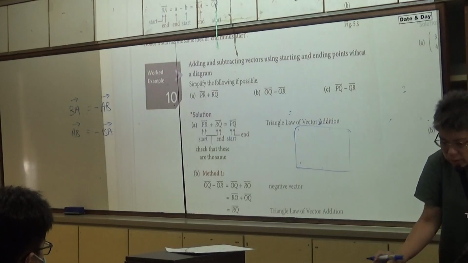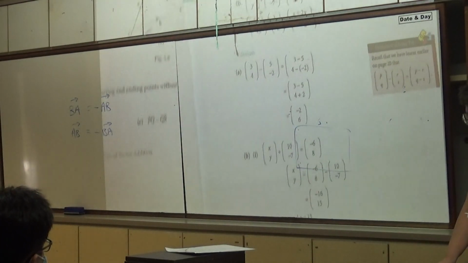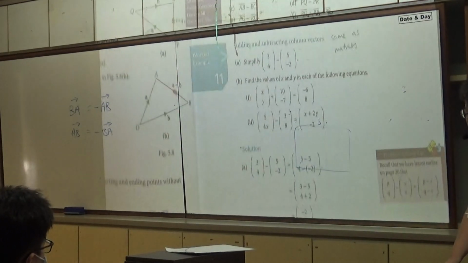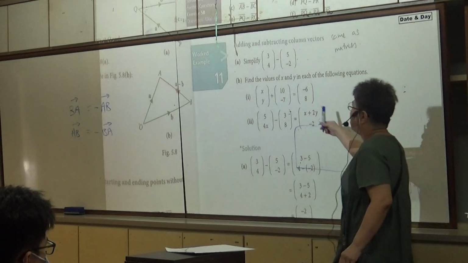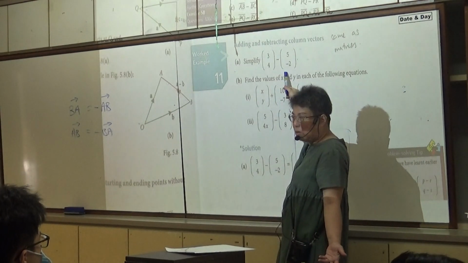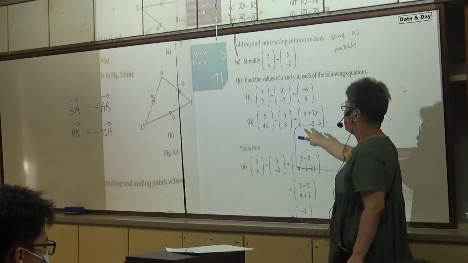Okay. Good. Now, next, I'm going on to something that is the same as your matrices, which I'm not going to spend a lot of time on. Let's look at example 11. Now, simplify this, I think no problem, right? Matrices, we already know how to simplify it. Then next, find the values of x and y in each of the equations. This one also no problem.